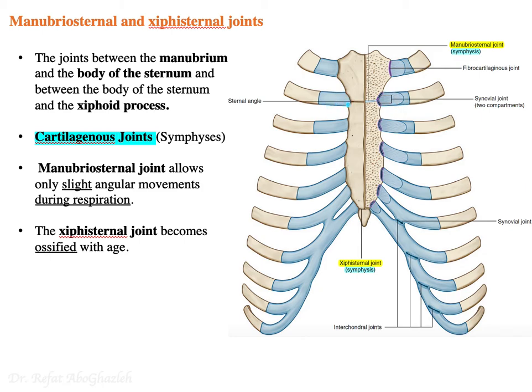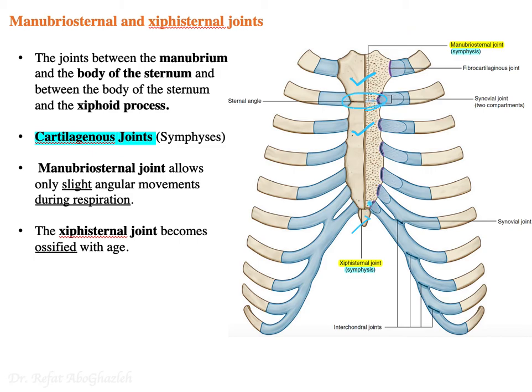Again, we have the last two joints, my friends: between the manubrium and the body of the sternum, and between the body of the sternum and the xiphoid process, as we explained earlier. The joint between the manubrium and the body of the sternum we call the manubriosternal joint, right?